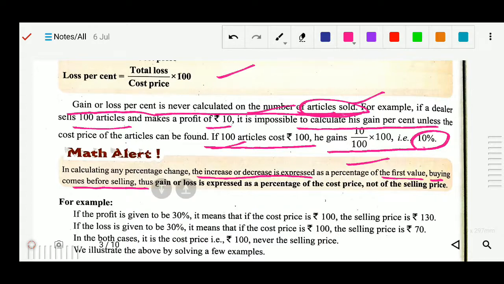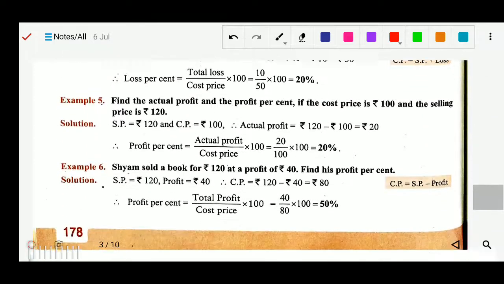Thus gain or loss is expressed as a percentage of the cost price, not the selling price. So this is very important, as I already told, percentage loss or gain will always be calculated on the cost price only. Okay, not on the selling price. So now we will solve some questions.